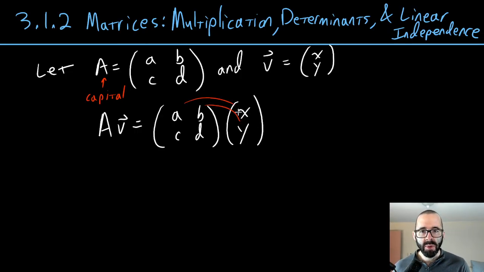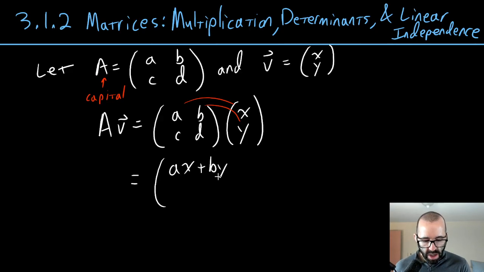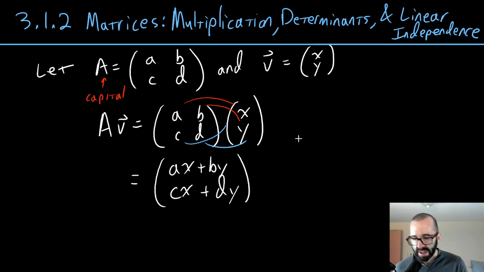We multiply and add across, and we create a new vector. So this is going to be ax plus by, and then cx plus dy. That's how we multiply matrices and vectors in short.